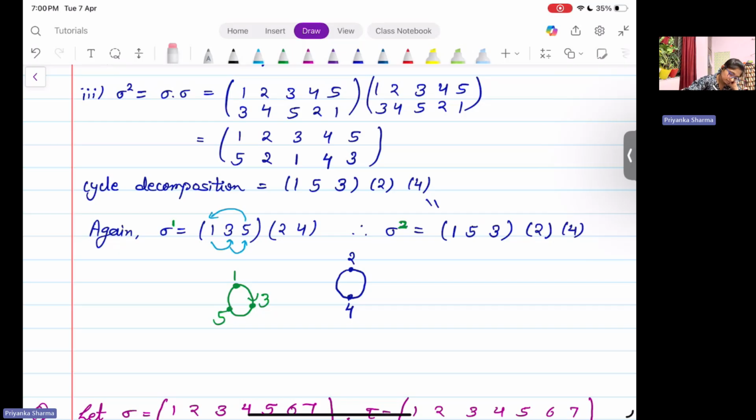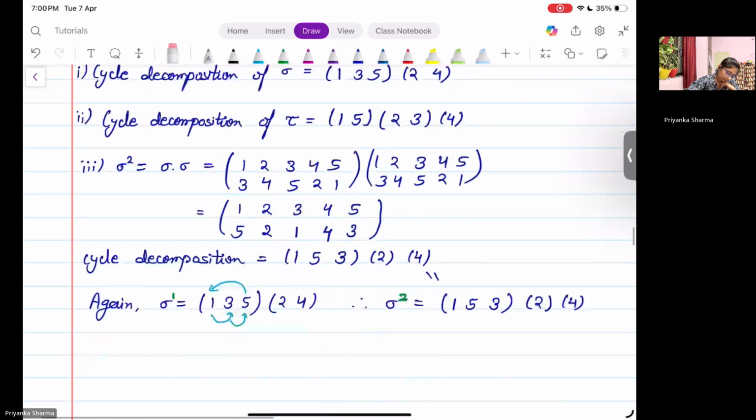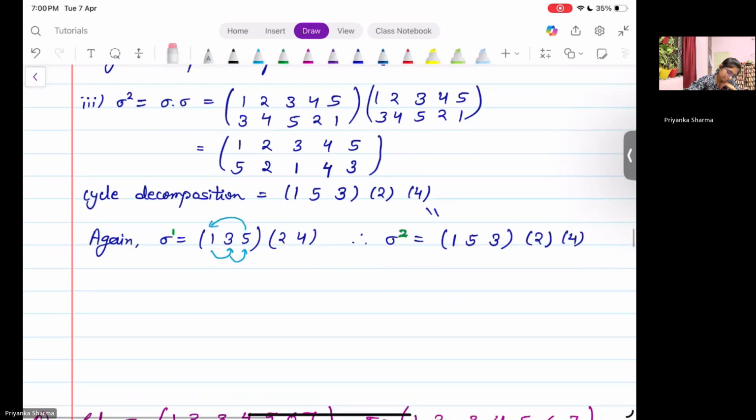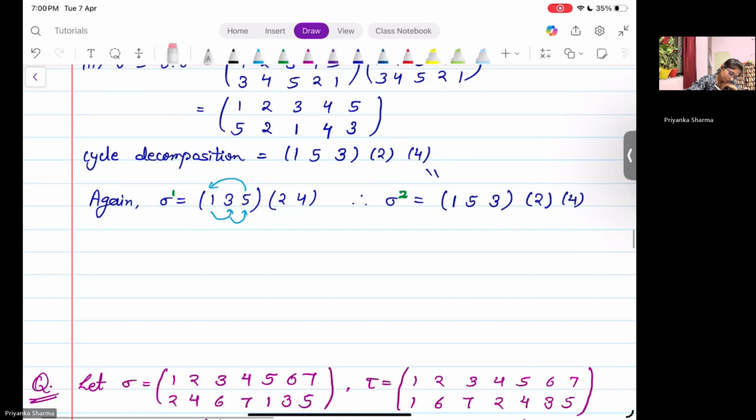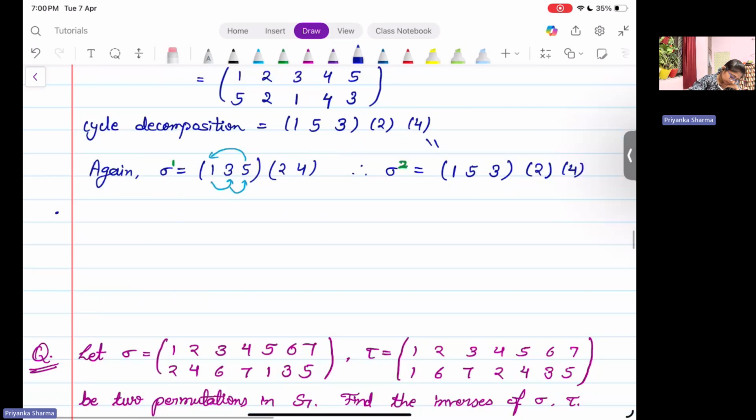I'm erasing this. Third one, yeah, fourth one.